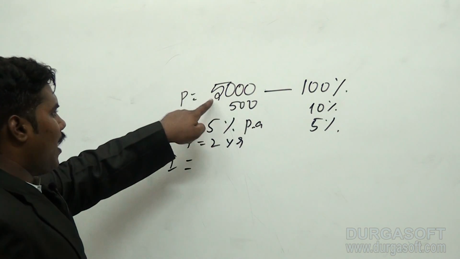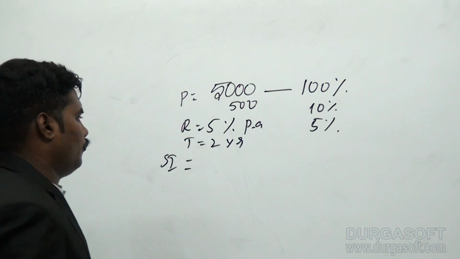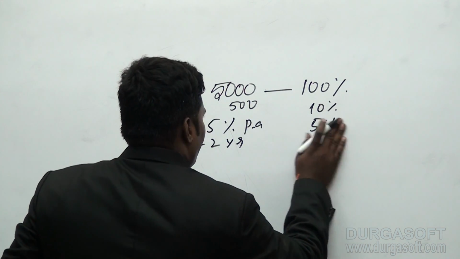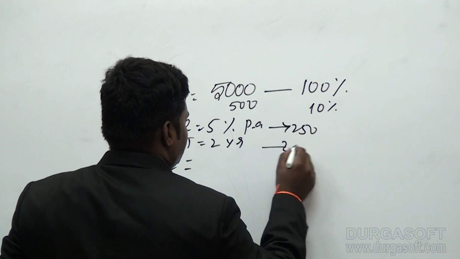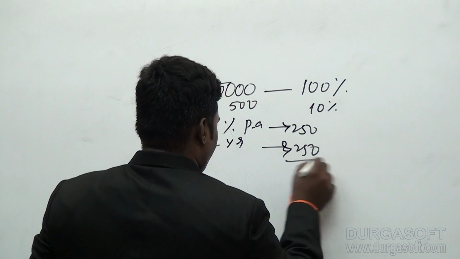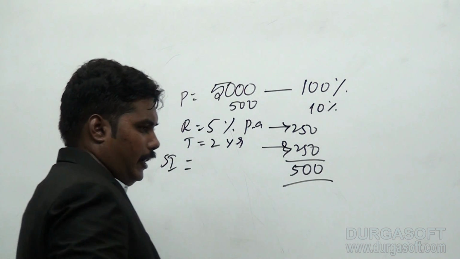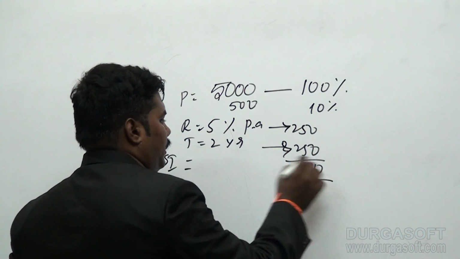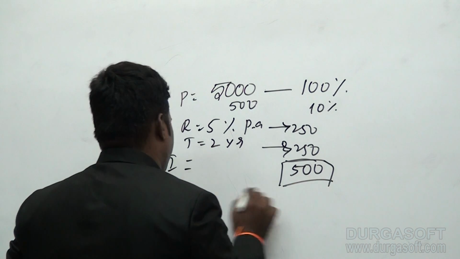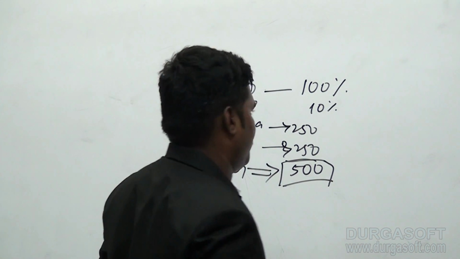So for 1 year it is 250, for 2 years it is 250 plus 250, 500. This is the simple interest for 2 years: 500 rupees.